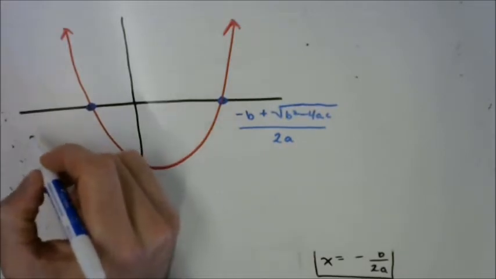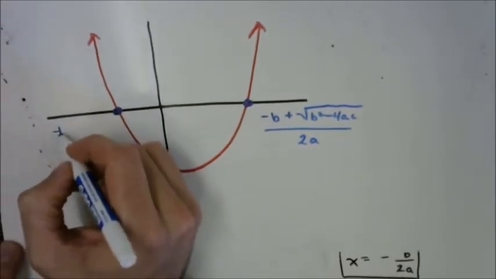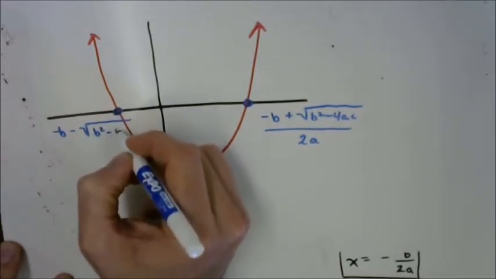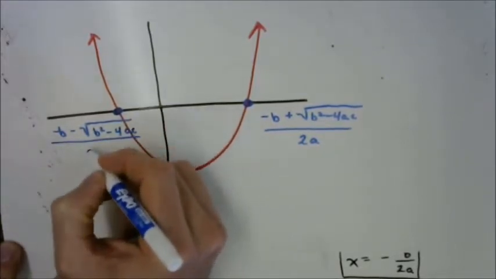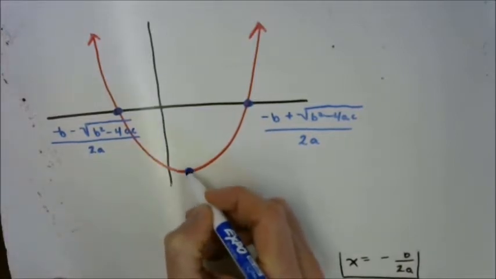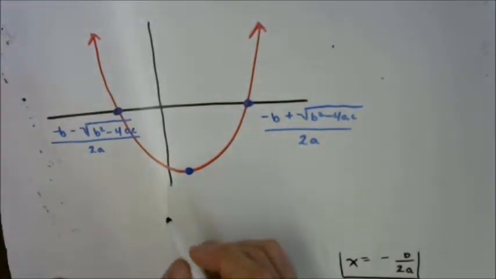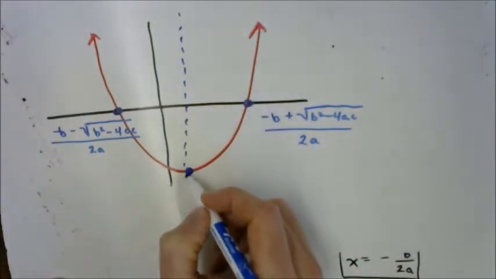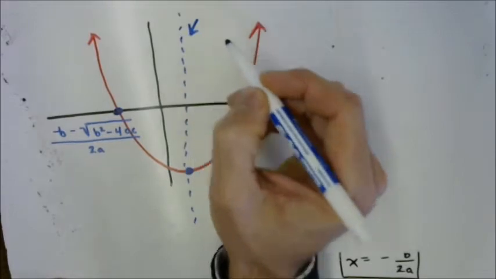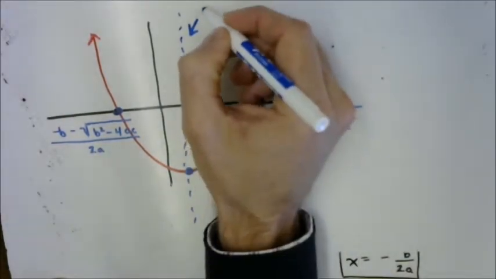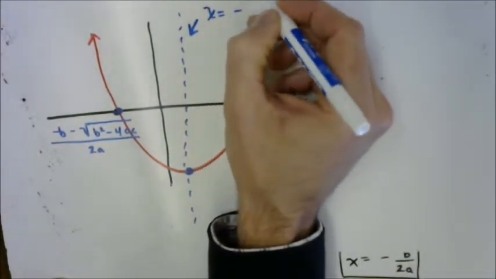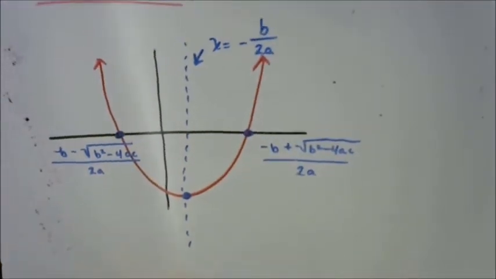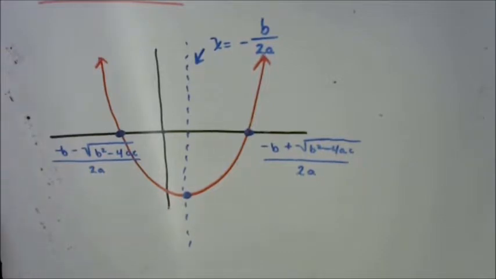And the other one occurs at negative b minus the square root of b squared minus 4ac over 2a. And the vertex happens to be along the line, axis of symmetry, which is found by x equals negative b over 2a. So that's in summary what we've discovered so far today.